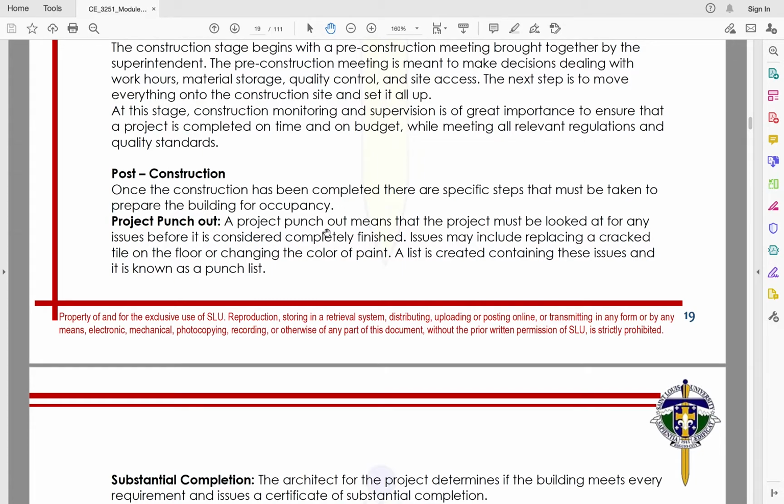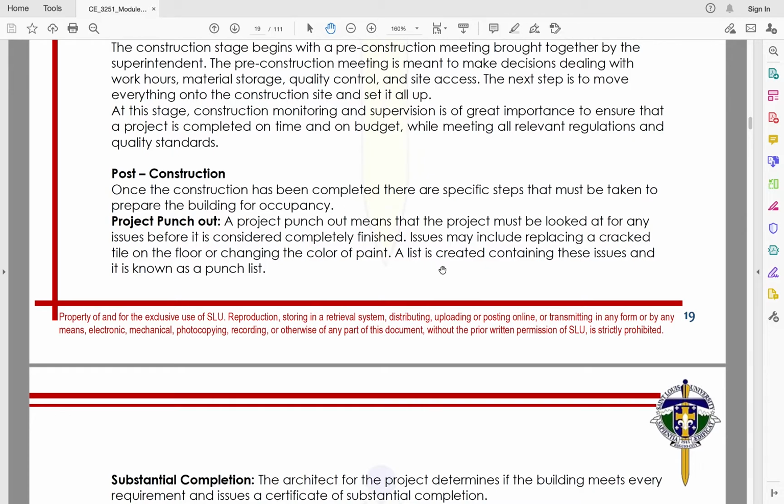So a project punch out means that the project must be overlooked for any issues before it is considered completely finished. So issues may include replacing a cracked tile on the floor or changing the color of the paint. Okay? So, sa project punch out, pag nagkaroon ng inspection, dapat minimake sure na everything is in order, everything is perfect.